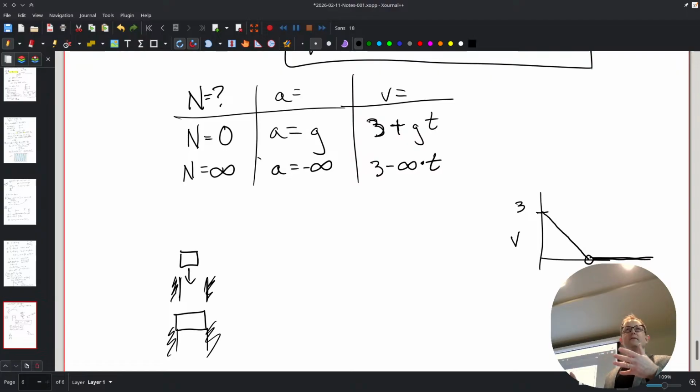You can roll, like technically when you drive a car, friction is the force pushing you forward. But okay, cool. In this case, we figured out that this slope is negative infinity, so it'll hit zero in infinitely small time.